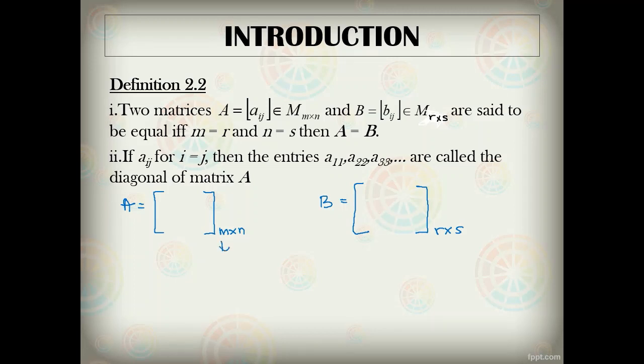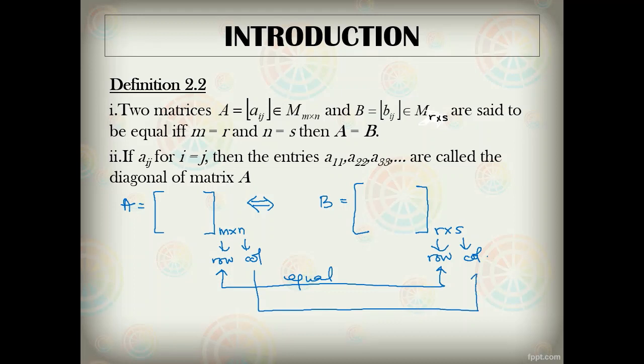Here m is rows and n is columns. Same goes here: r is our rows and s is our columns. Matrices A and B are said to be equal whenever they have equal rows and equal columns.